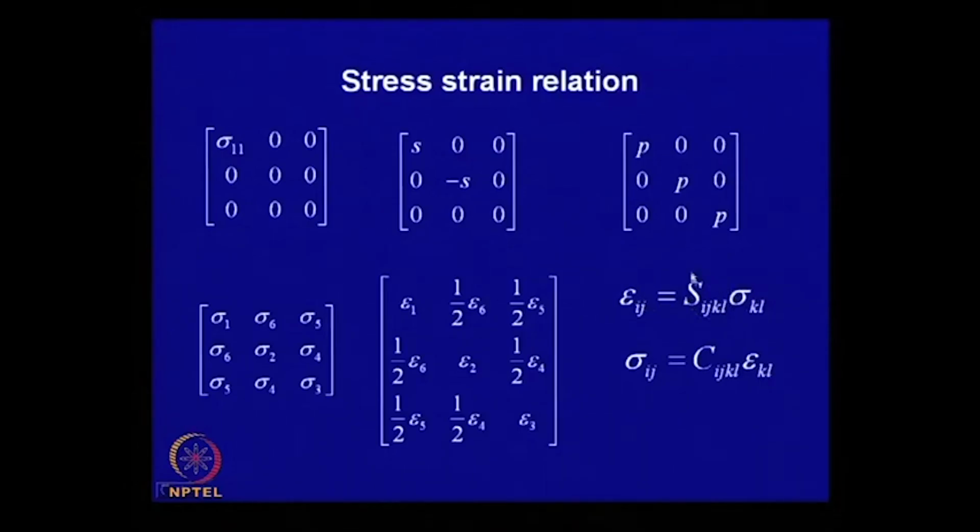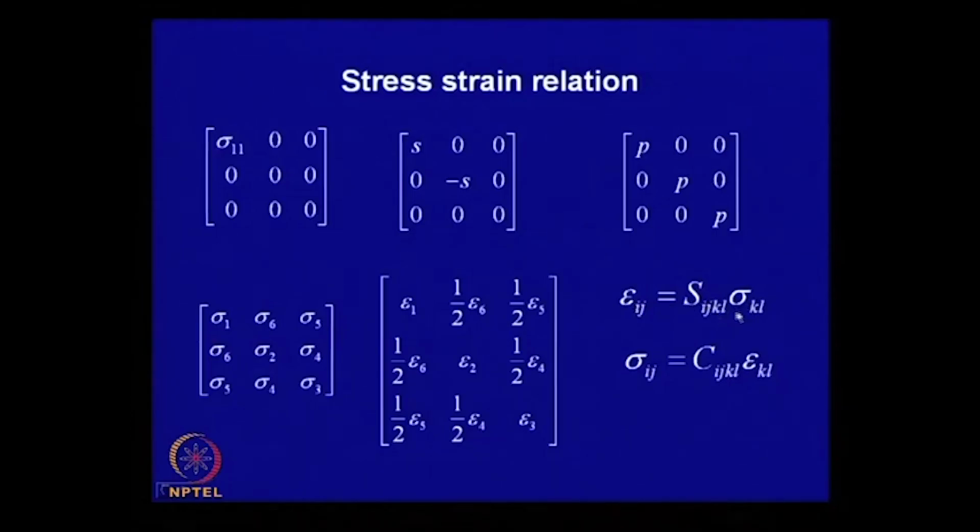This matrix S ijkl is called the compliance matrix, and C ijkl is called the stiffness matrix. This kind of representation also signifies that this is not just one term.